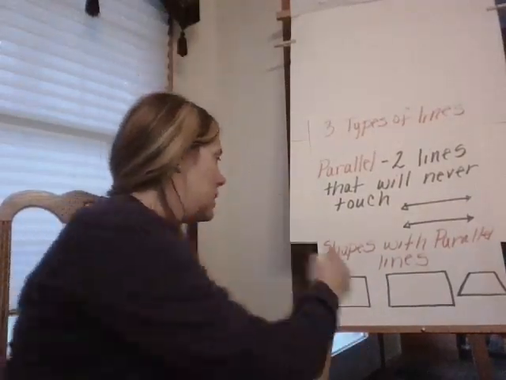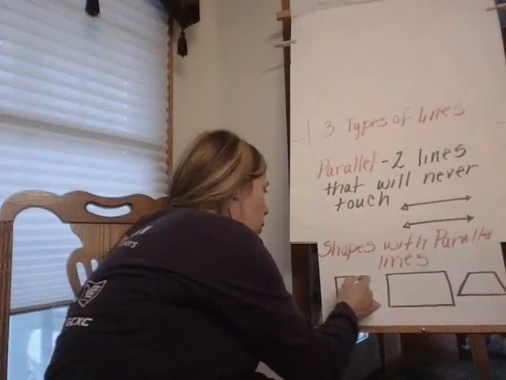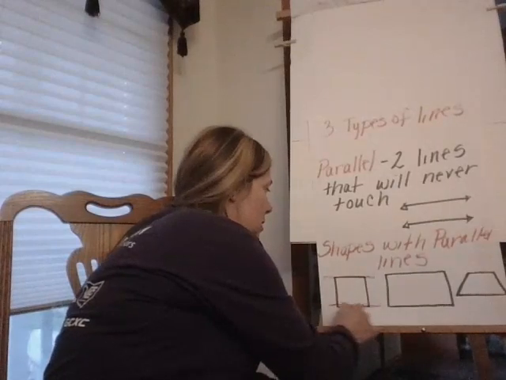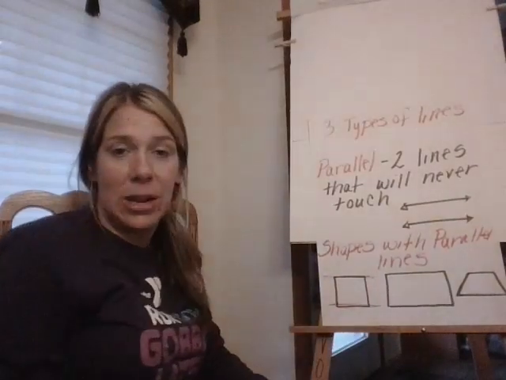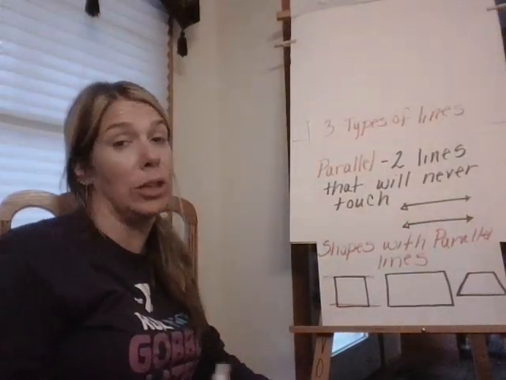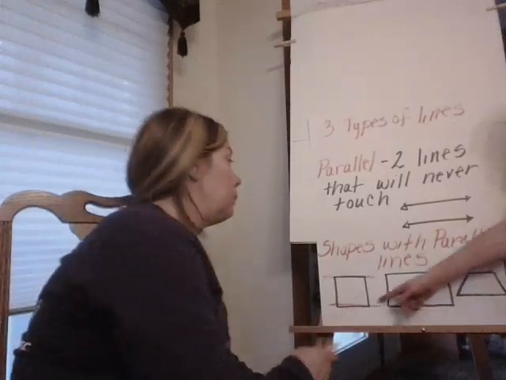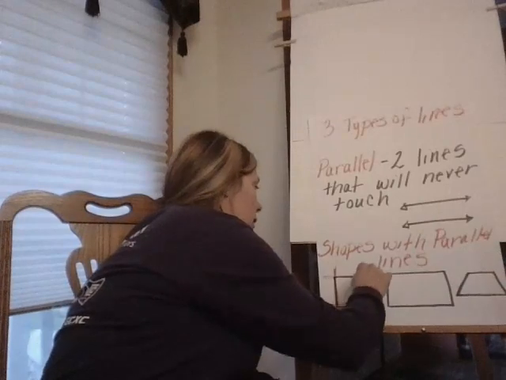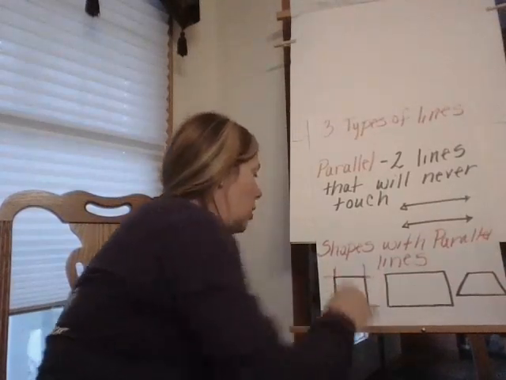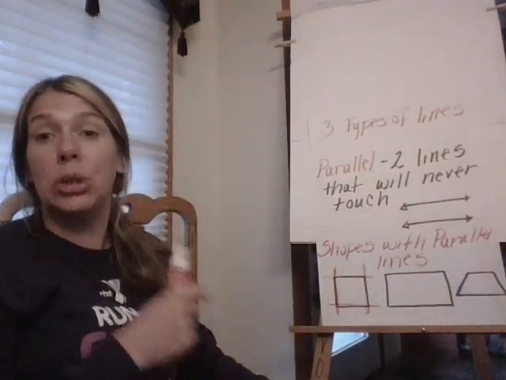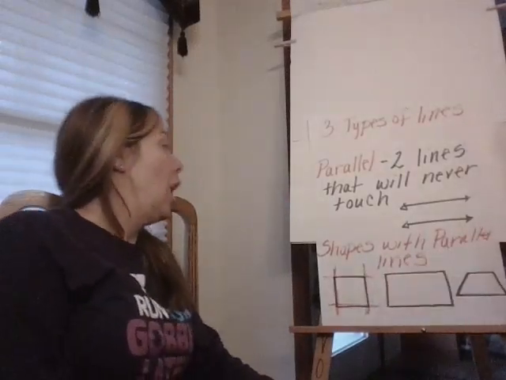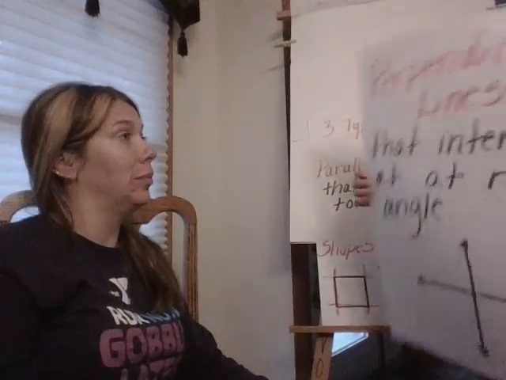This line and this line, the top and the bottom of the square, are a set of parallel lines because they will never touch each other. Also right here is another set of parallel lines. So a square has two sets of parallel lines.